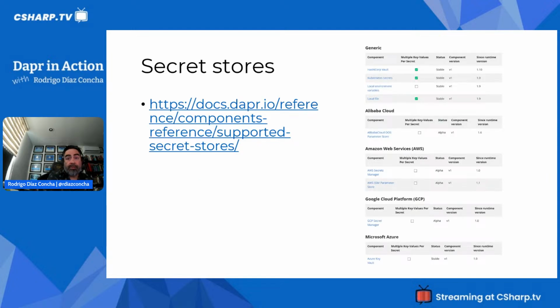There are many secret stores, and this is actually the screenshot from the Dapr documentation from yesterday, and you can see there are some generic ones, such as the Kubernetes secrets store. Kubernetes itself doesn't have any kind of secret store, since it's only keeping the secrets as a base64 value.